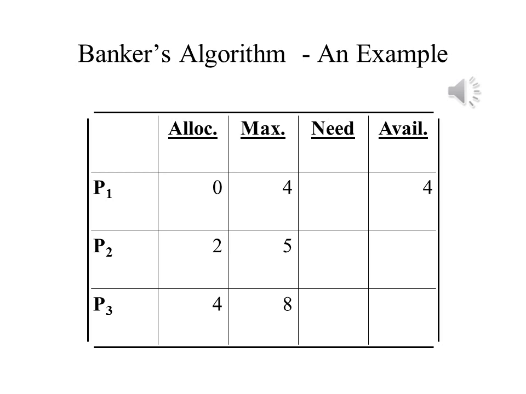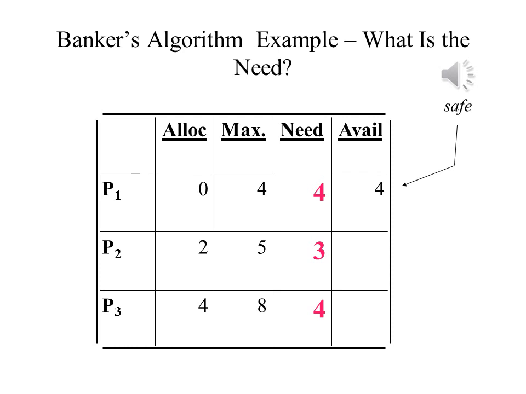Let's look at a simple example. Imagine there are three processes which have been allocated our one resource as shown on the slide. They each have a maximum allowed allocation as shown. The first step is to calculate what they might need.